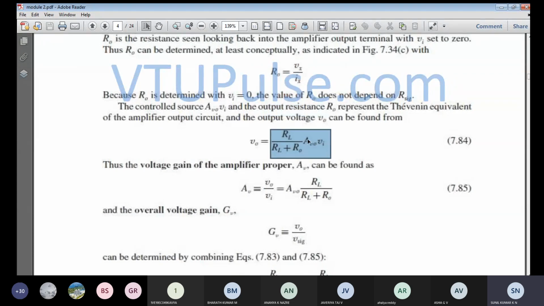This is the expression: A V naught into V I is the output voltage of the amplifier where we have not considered any load resistance. That output voltage is multiplied with RL divided by the total resistance, RL plus R naught. That gives the final output voltage across the load resistance RL. This is how the output voltage is obtained when you have a load resistance connected.